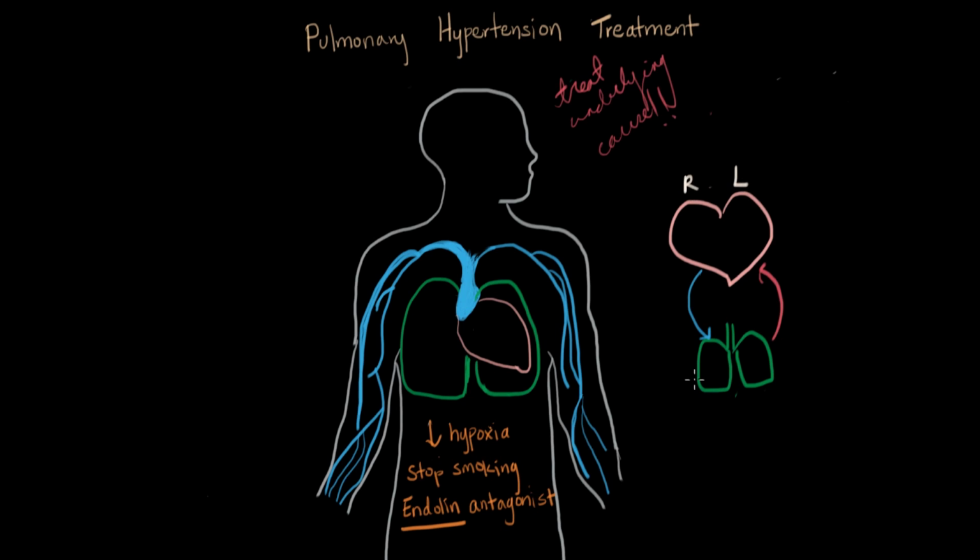So to treat problems on the right side, by the way, we're treating the symptoms as well as the causes. So a lot of symptoms on the right side is over volume, overloading of fluid. So we might give diuretics to have them pee out some of this extra volume, just decrease the blood volume. We want to make them feel better symptoms-wise, so we have less congestion going back there.